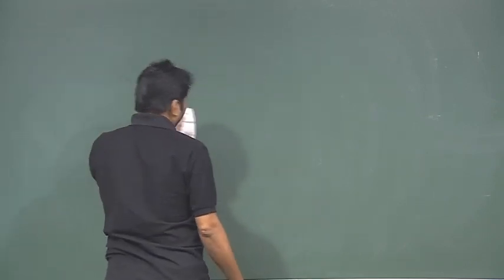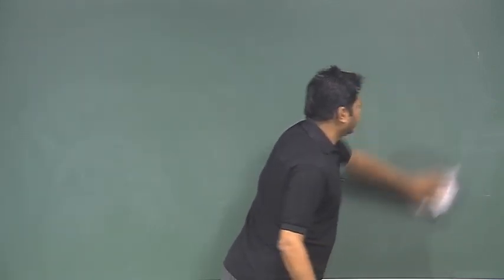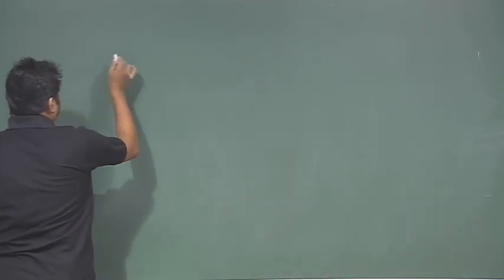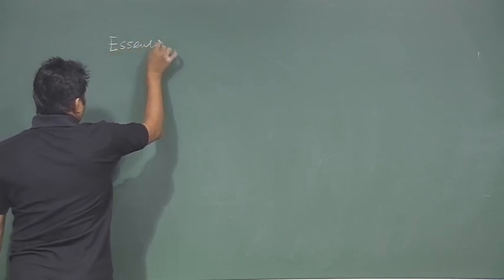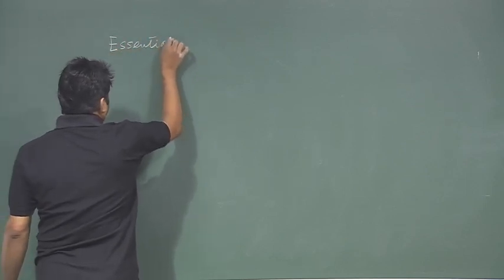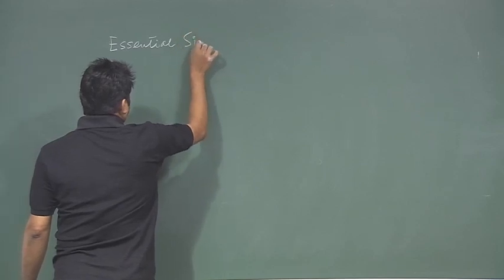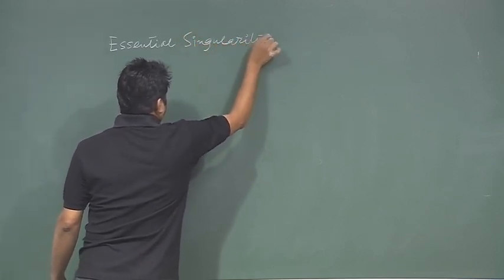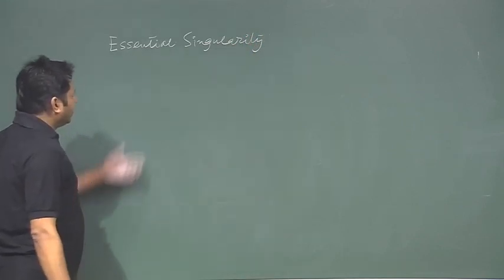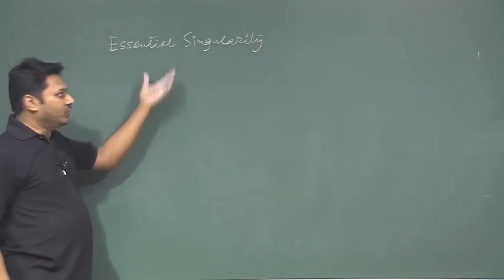Another kind of singularity, with that I am going to end. In the next class we will go more into singularity. Today we do not have much time. It is called essential singularity. Essential singularity is the singularity which we can't remove.